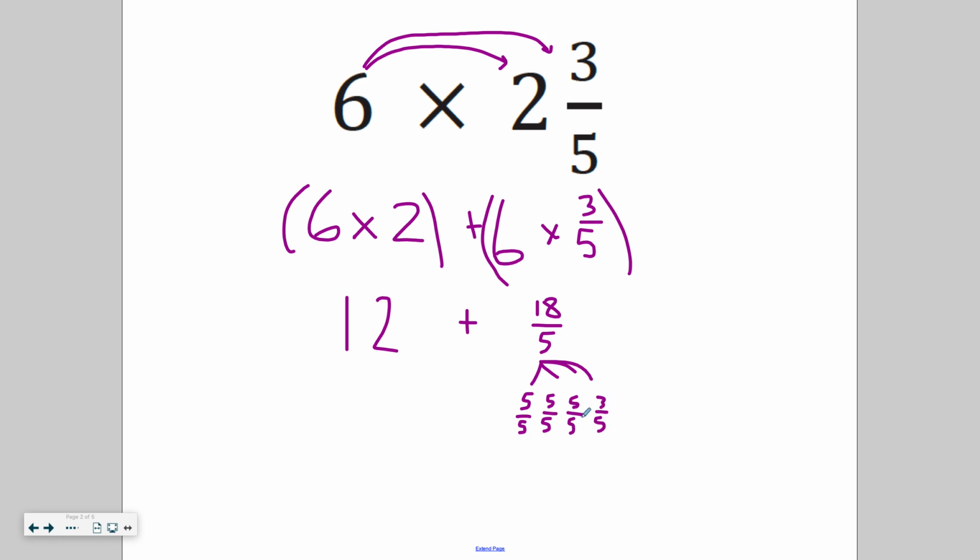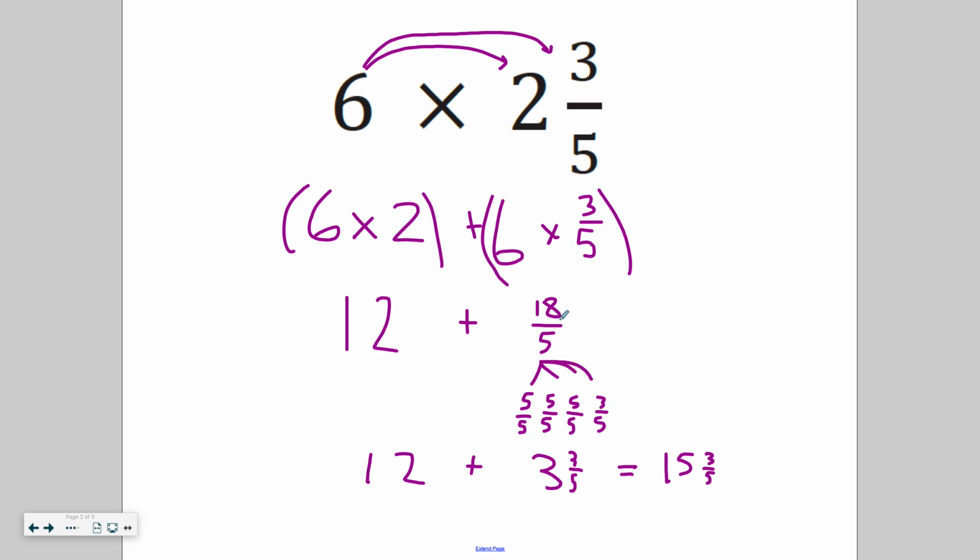So I see I have 1, 2, 3 wholes and 3/5. 3 wholes and 3/5 plus the original 12 that I had, 12 wholes. So that would give me 12 plus 3 and 3/5. 12 plus 3 is 15, and then I keep the 3/5.